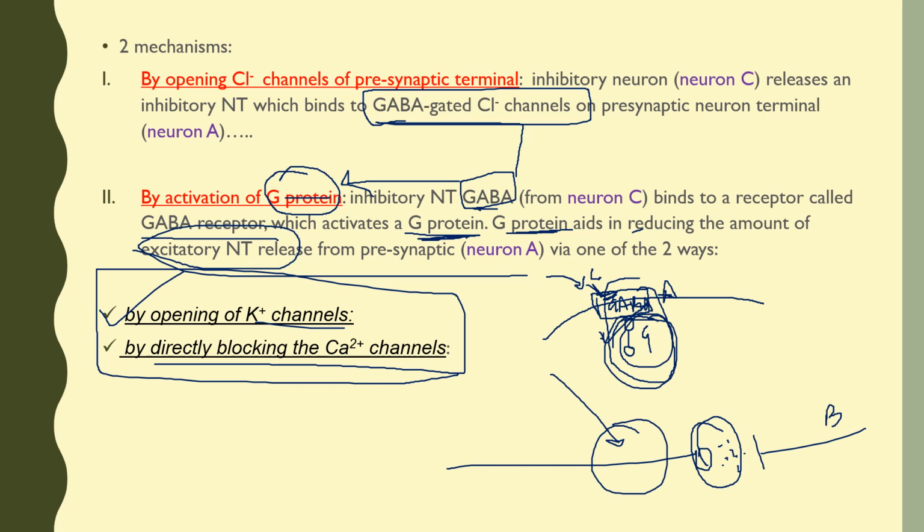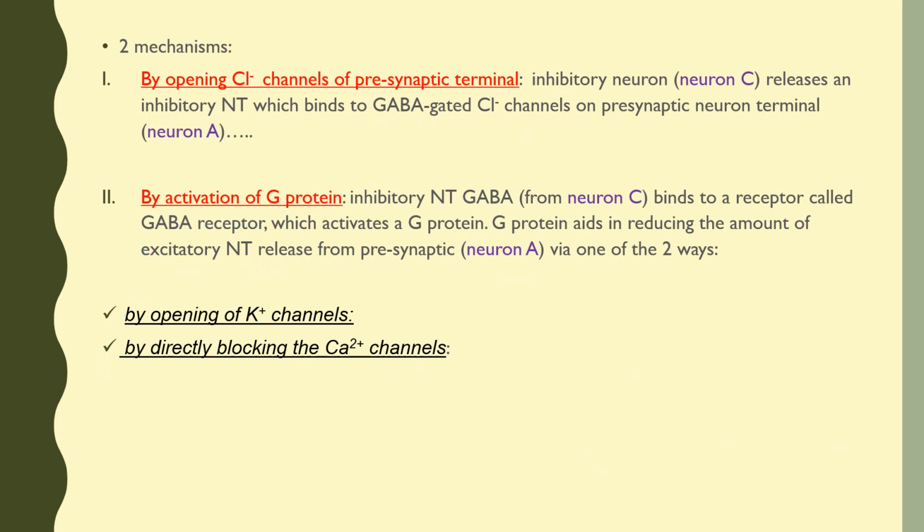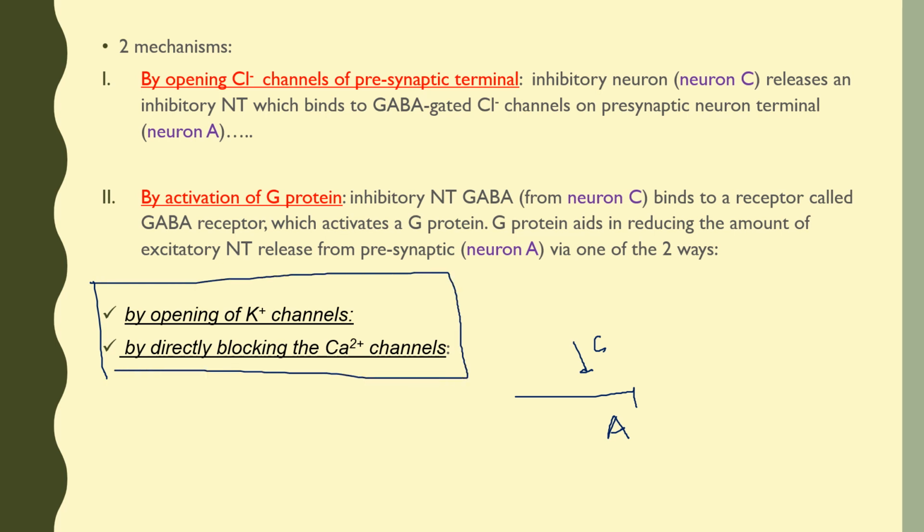Say this one is A and this was C, GABA attached, and it can reduce the excitatory neurotransmitter by these two things. If we recall, this is the synaptic terminal of A and neurotransmitters are getting released. How are they getting released?